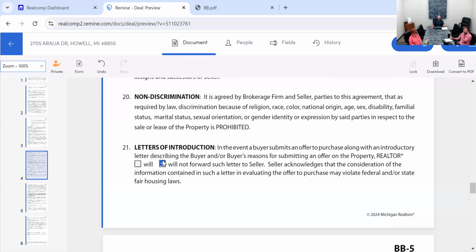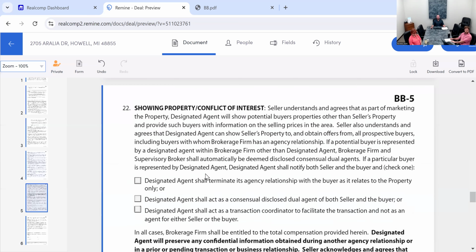You're allowed to be firm on checking this box, because that's just me and my level of comfort. I don't want you to be able to force me to pass along something that could result in a discrimination claim.